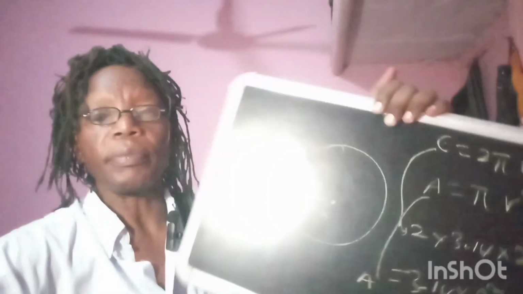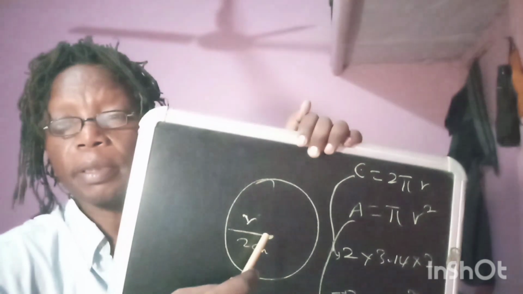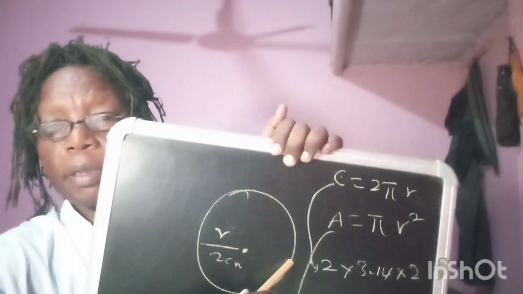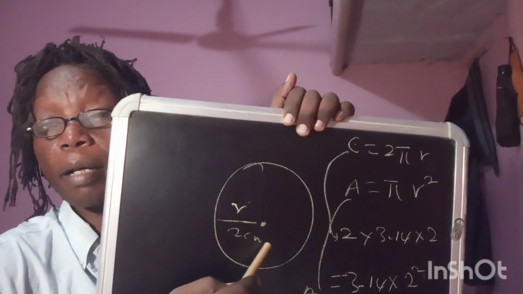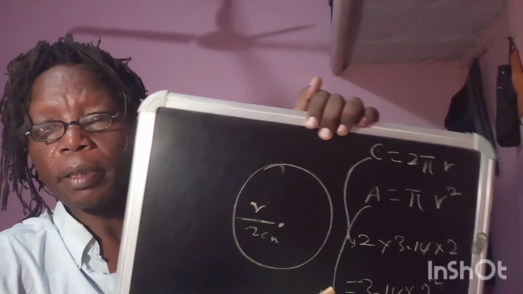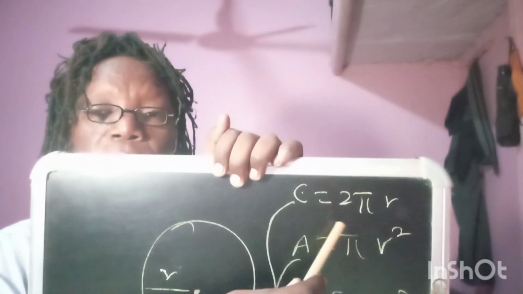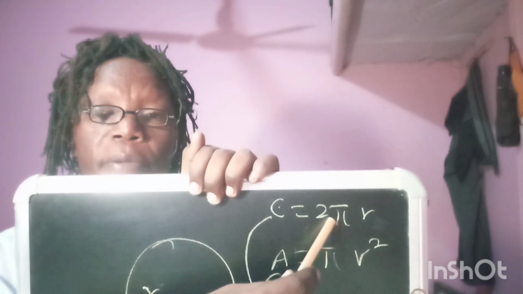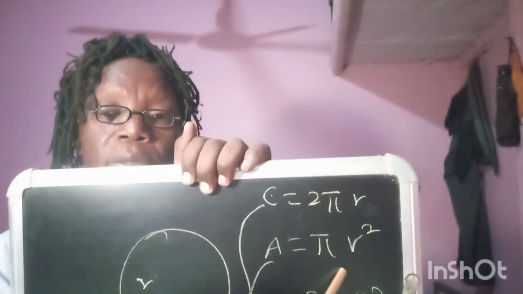So here I've drawn the circle and given the approximate 2 centimeters radius, and the diameter is the full length from here to here, but the radius is half of the diameter. So the formula is circumference is equal to 2 pi r, and the area of a circle is pi r squared.